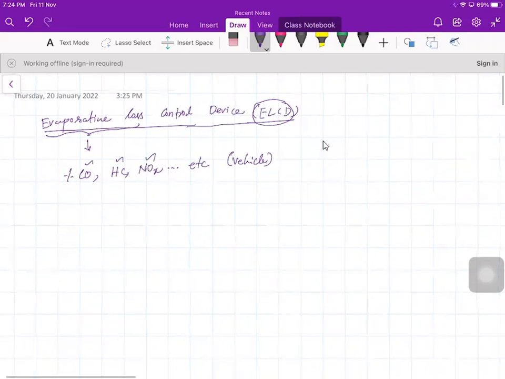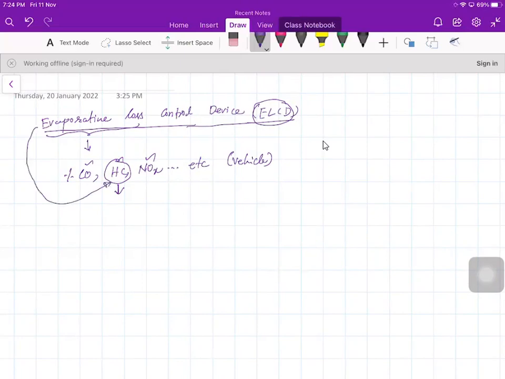In the second unit we briefly discussed the sources of hydrocarbon. Out of the n number of sources contributing to hydrocarbon formation, these evaporative losses from vehicles also contribute hydrocarbon in the form of vapor. So evaporative losses come under the hydrocarbons.